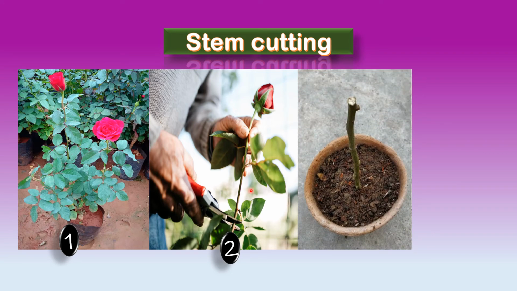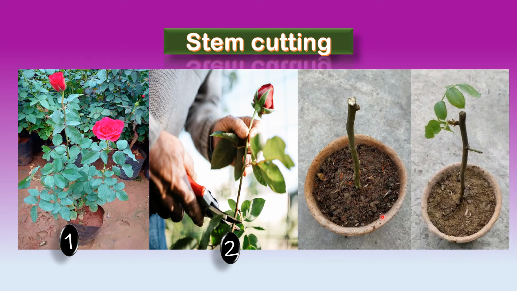That stem, after cleaning it, I'll plant it into soil, which later on grows into another rose plant. Is it clear, children? Nothing else in stem cutting. Simply we take stem of a plant and plant it in the soil, and after getting proper care, what will happen to that stem? It will grow into a new plant. Clear, children?